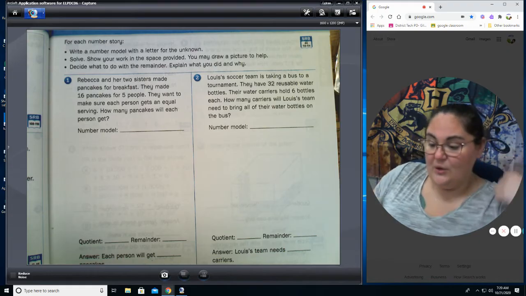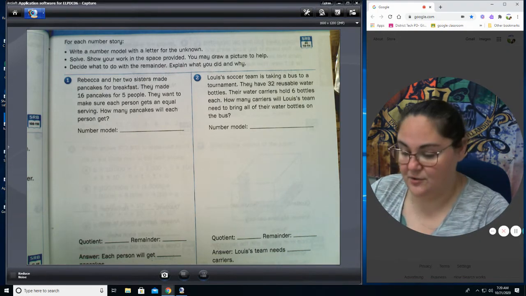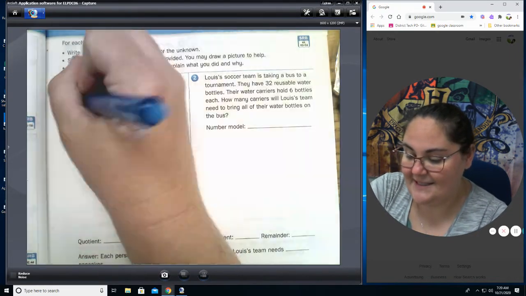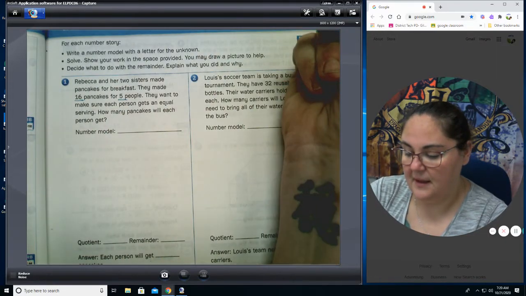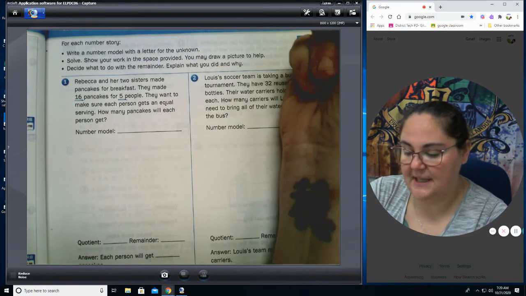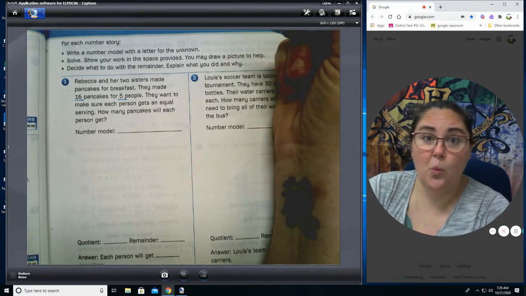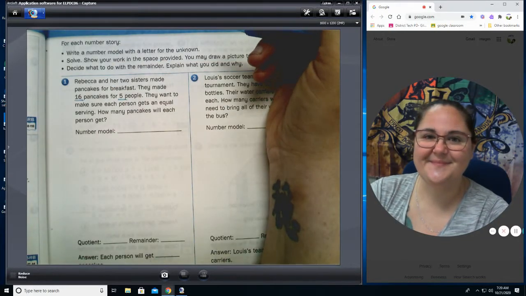Here we go. So Rebecca and her 2 sisters made pancakes for breakfast. They made 16 pancakes for 5 people. They want to make sure each person gets an equal serving. How many pancakes will each person get? So what am I cutting up? Am I cutting up the people or am I cutting up the pancakes?